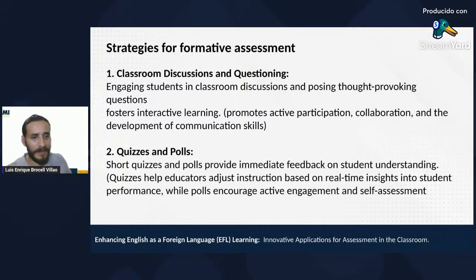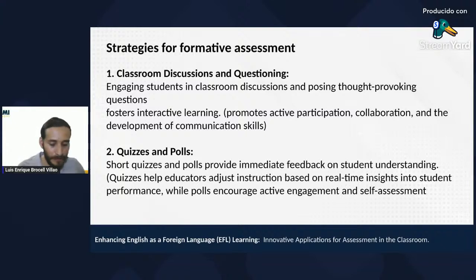Quizzes and polls. Short quizzes and polls provide immediate feedback on students' understanding. Quizzes help us, the educators, adjust instruction based on real-time insight into the students' performance, while polls encourage active engagement and self-assessment.